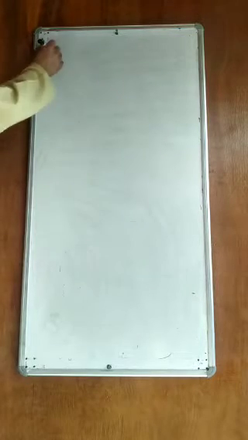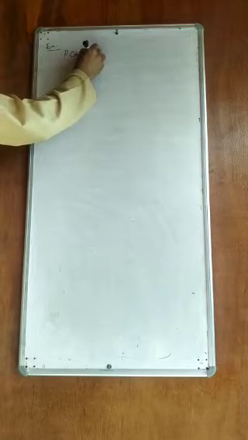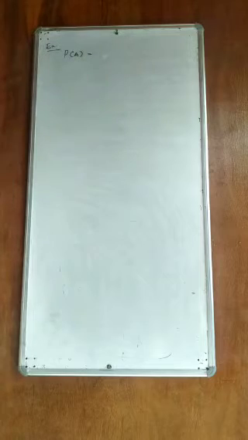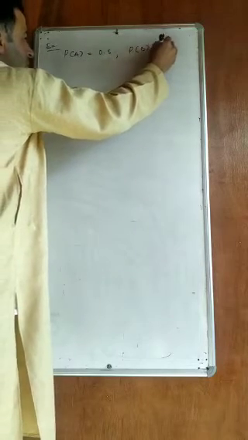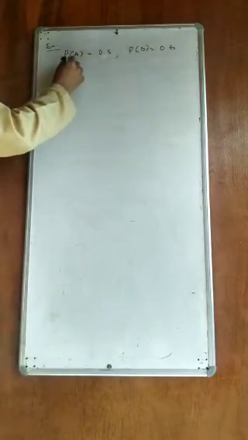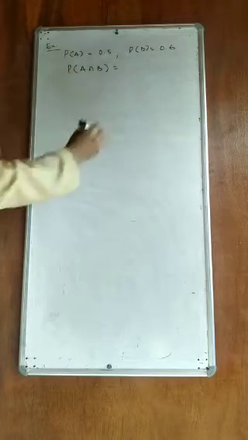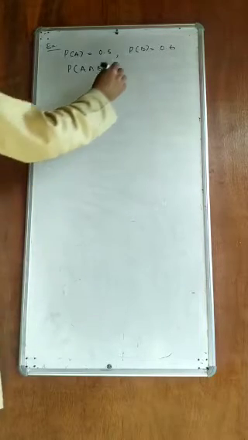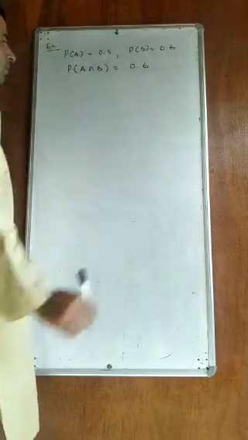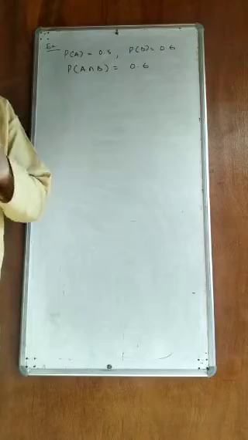Here it is given, probability of A is 0.5, probability of B is 0.6, and probability of A intersection B is 0.6. You have to check whether the probabilities are consistently defined or not.